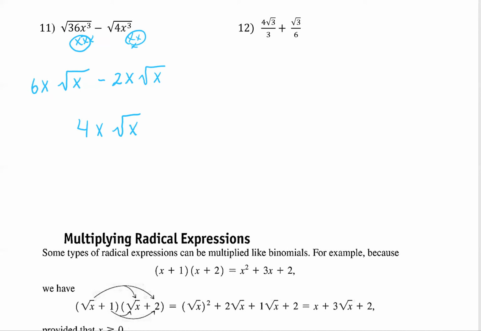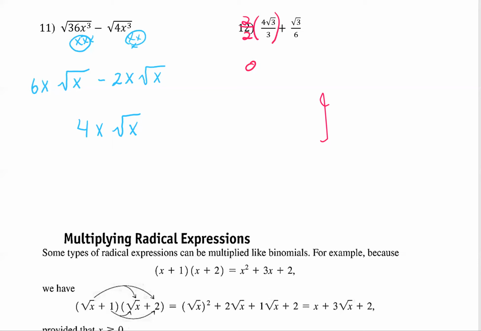Number 12, we need to have a common denominator. So the least common denominator, or the least common multiple of 3 and 6, will be 6. So I need to multiply this first fraction by 2 over 2.